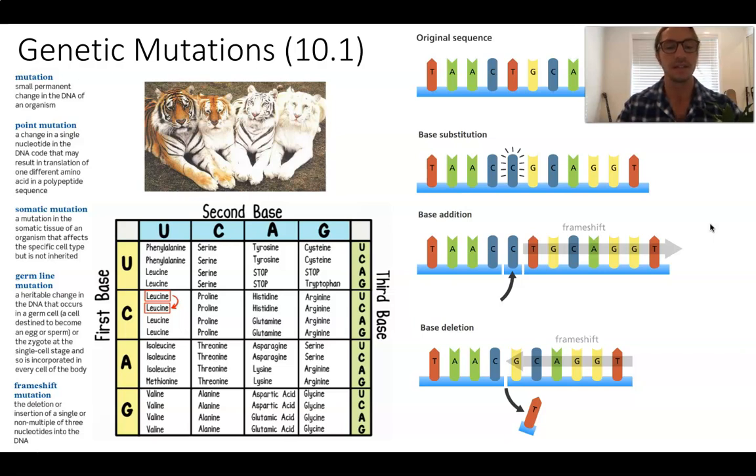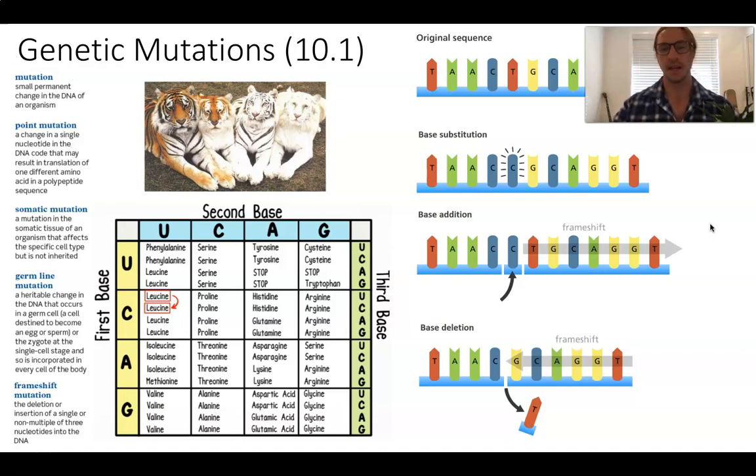Since bases are read in threes, if we add or delete a base, this causes the whole reading frame of mRNA to change, thus possibly affecting the whole following amino acid sequence. You can check the description of this video for a cool animation just showing that graphically.